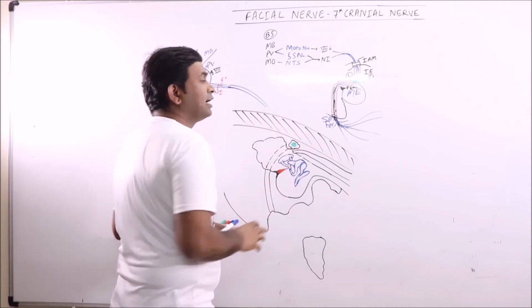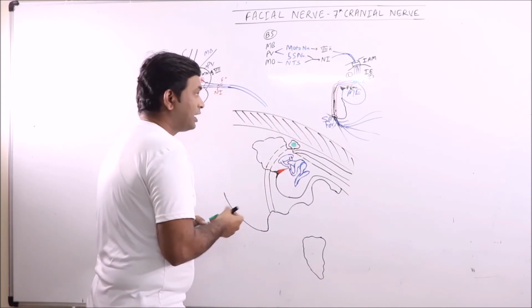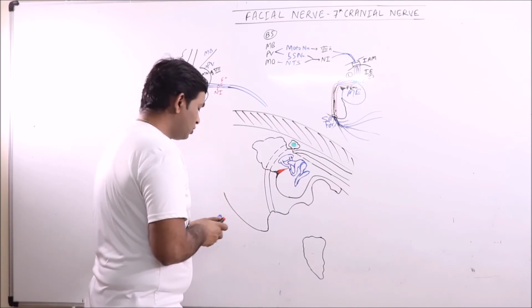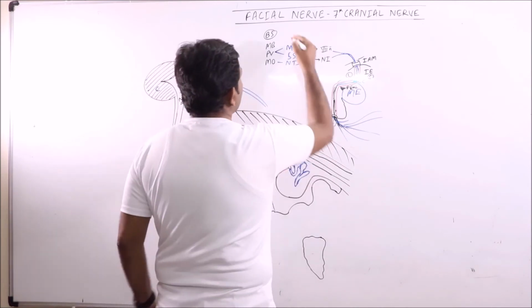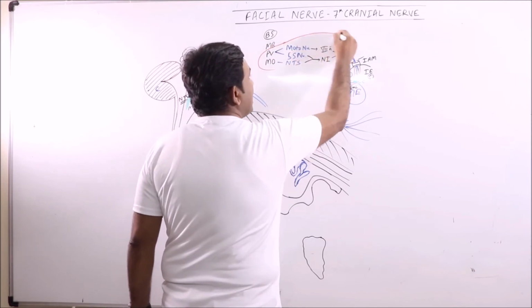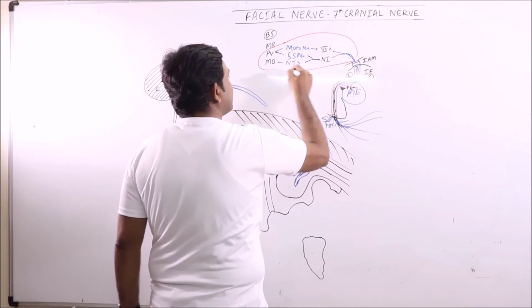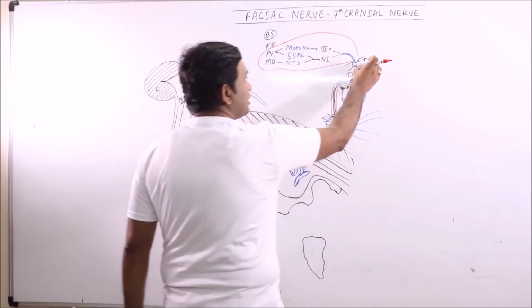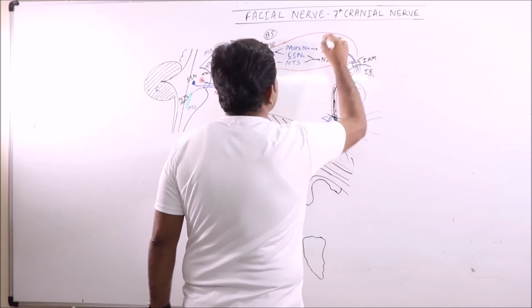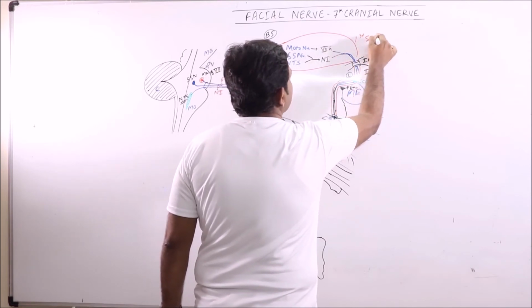So this is basically the outline of the facial cranial nerve, and the facial cranial nerve is divided into 6 regions or segments. The first segment is when it starts from the brainstem and ends in the internal auditory meatus. Up to the start of the internal auditory meatus, this is the first segment.